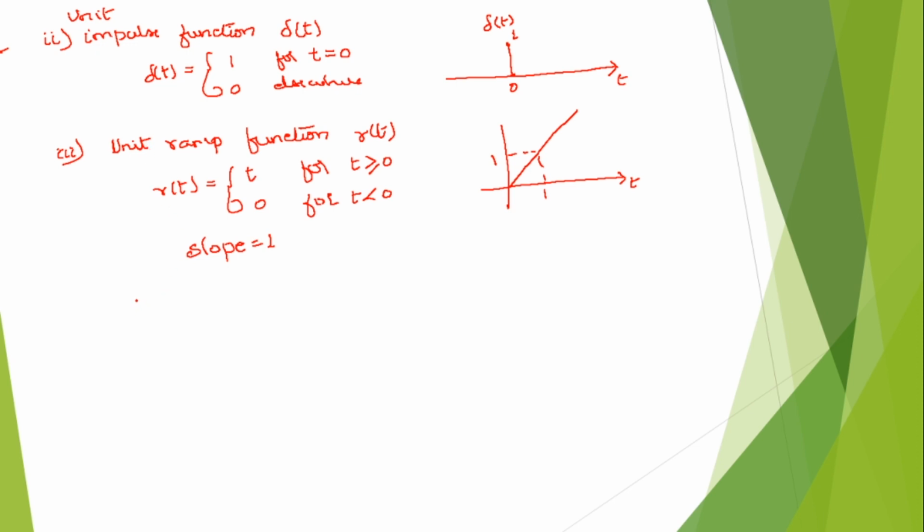Similarly, what happens with r of t minus t naught? I will not write the expression directly, I will plot. So this is t naught. This signal is shifted from 0 to t naught.